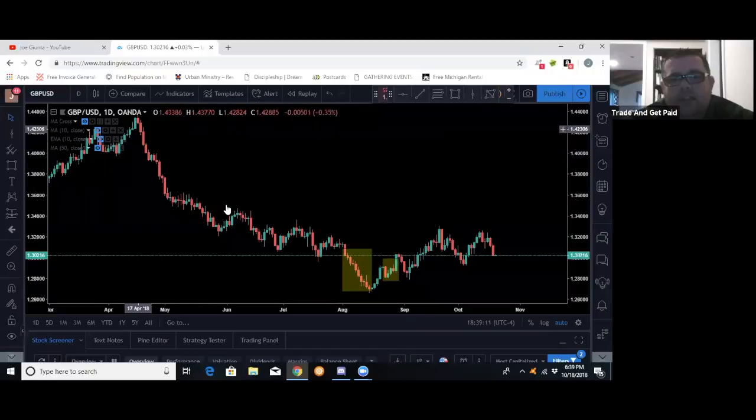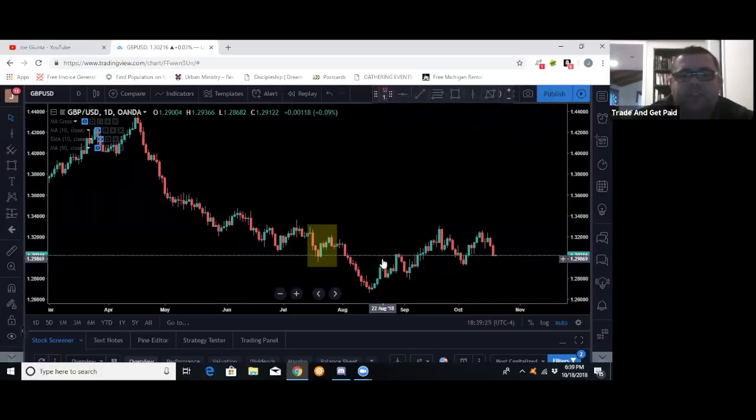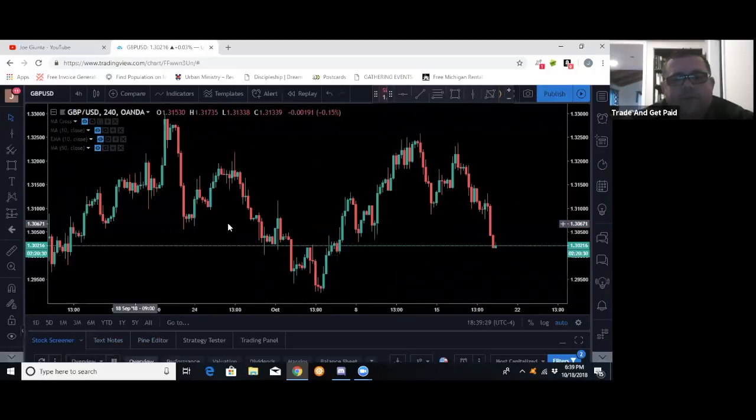This has been a strong downtrend for a long time. Or when you look at something like this on the 4 hour, let's move our highlight there just for the purposes of showing you. All right, now let's go to the 4 hour.